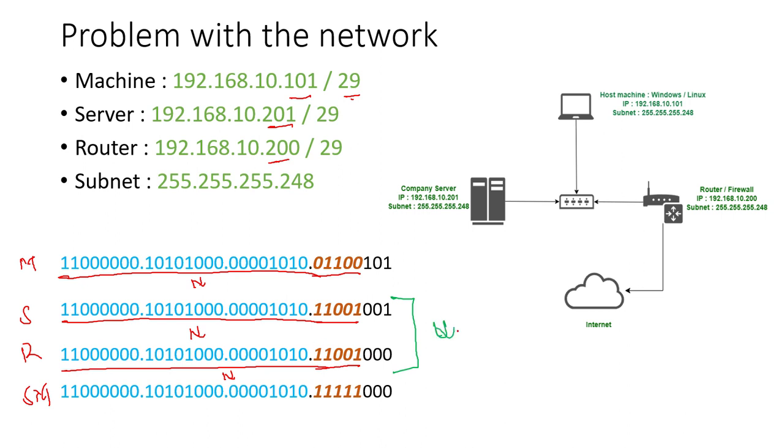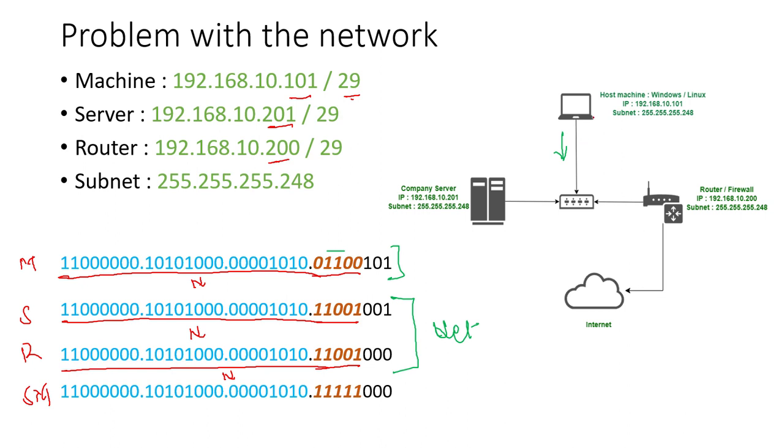So they are on the same network, but this machine is on a different network because this combination is different, 01100. It means the configuration is not correct. So if the machine wants to send any packet, because the machine is on a different network, the packet will not flow as expected.